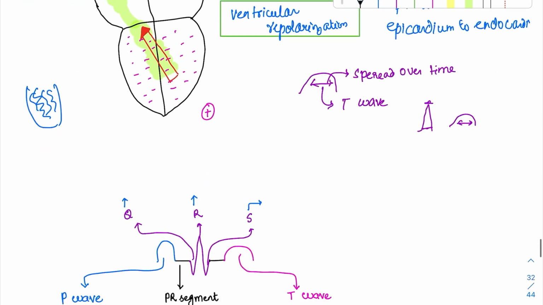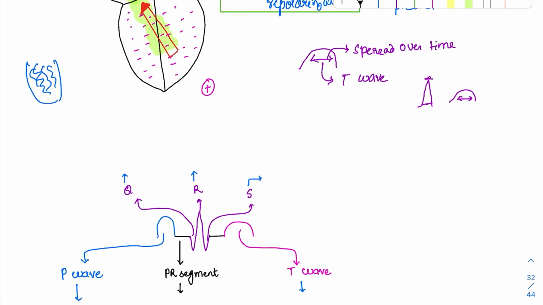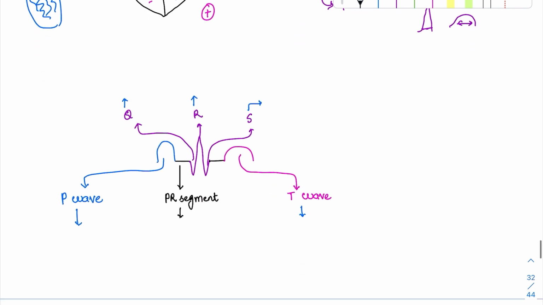Now coming to the waves, we will write them all in one go. Now you tell me, the P wave is showing a positive deflection. It is due to the atrial depolarization. Then the PR segment is due to the AV nodal delay. Now the QRS complex, please don't say that it is due to ventricular depolarization.